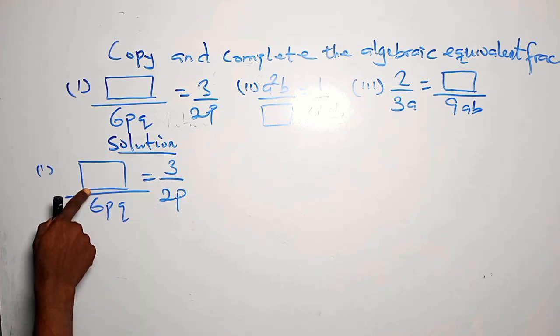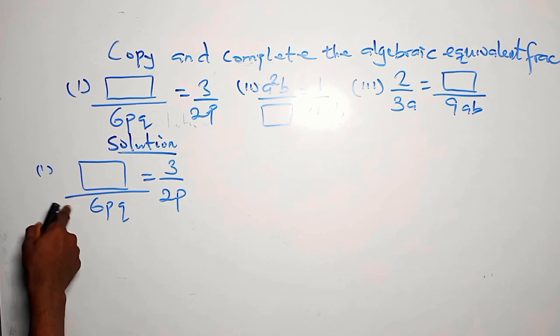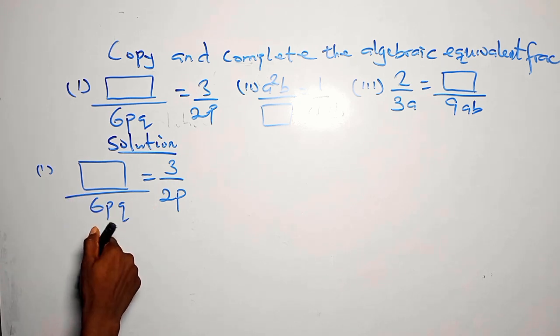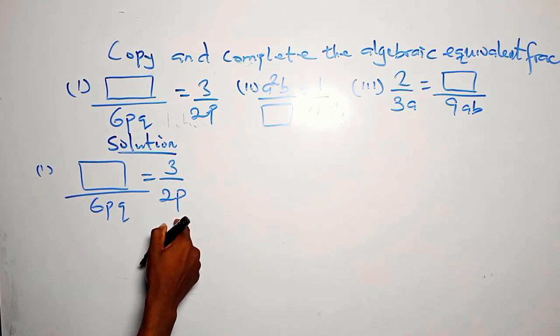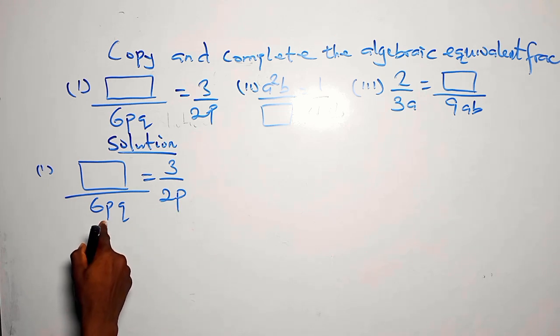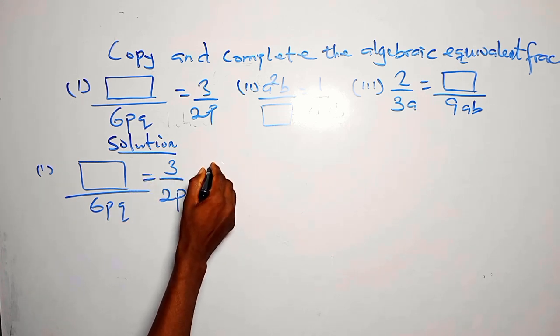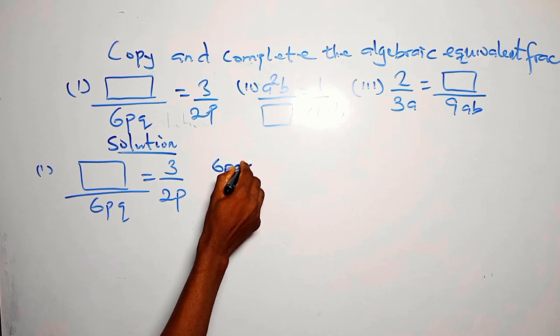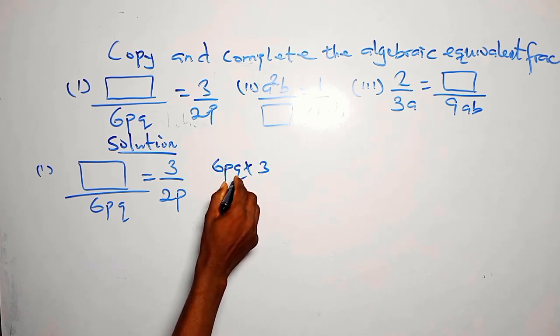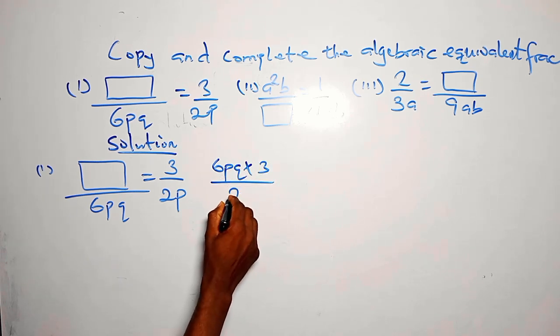So how do we figure out this part of the equation? The easiest way of doing this is to multiply this with this. So we say 6pq times 3, divided by 2p.